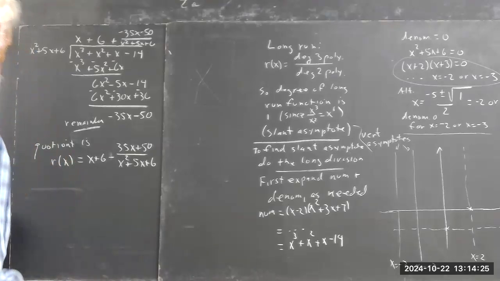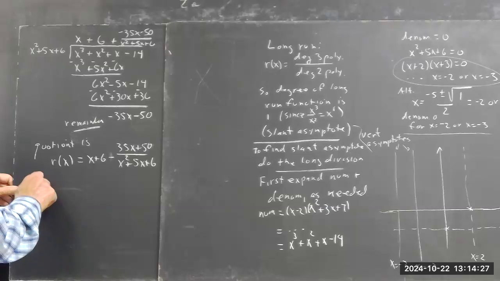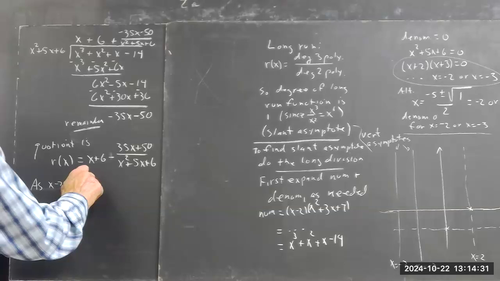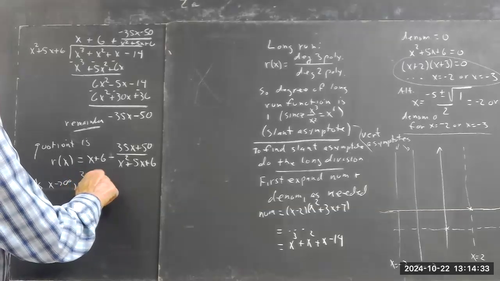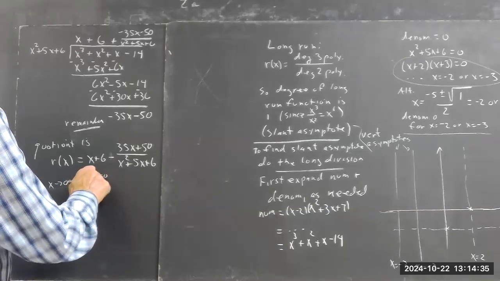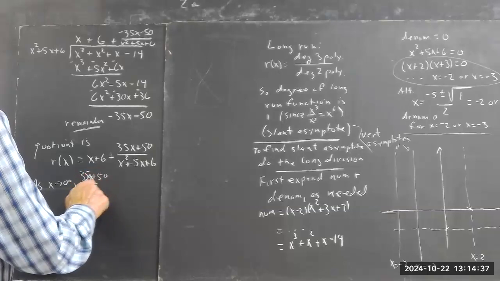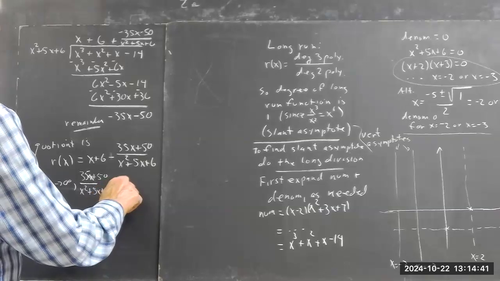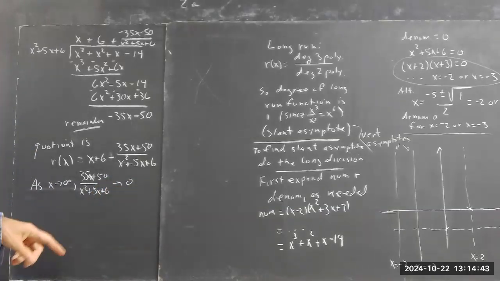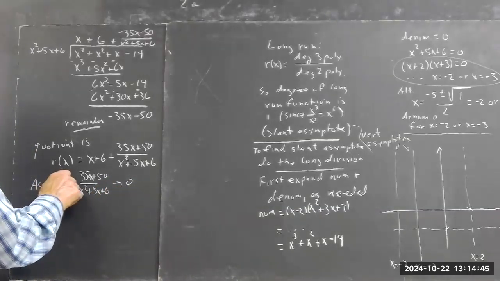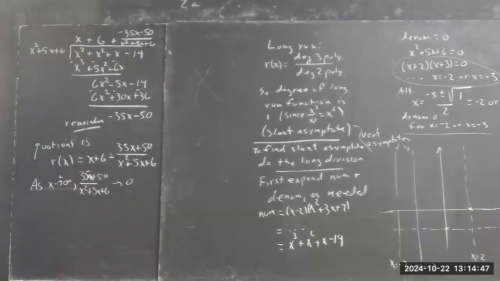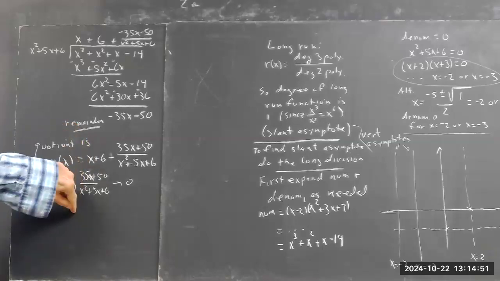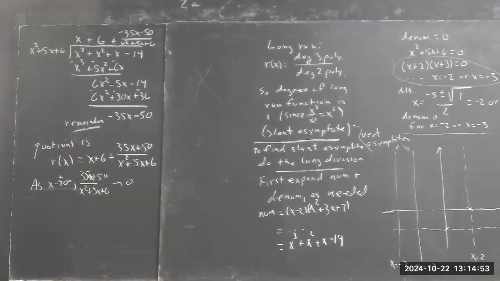What does this mean? Because that goes to infinity, plus or minus infinity. This goes to 0 because you only have an x term in the numerator and an x squared term in the denominator.